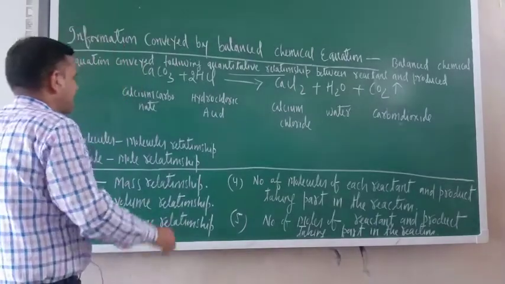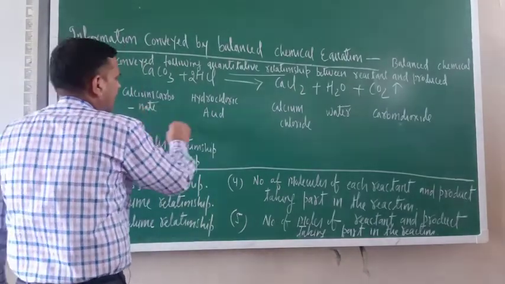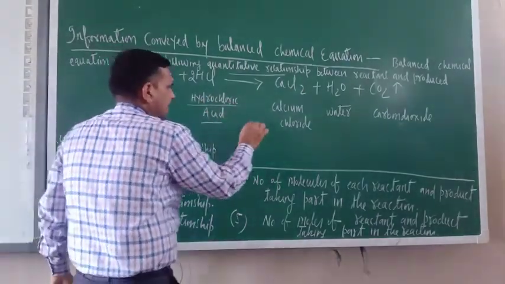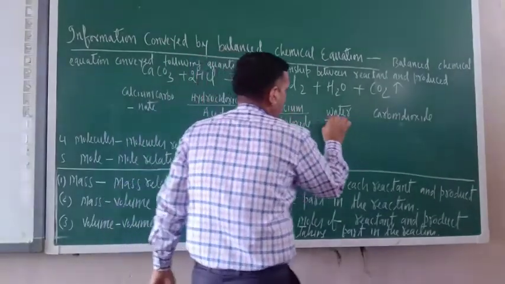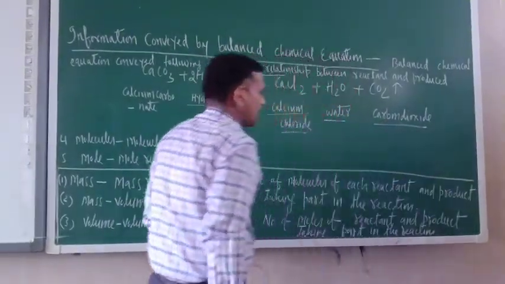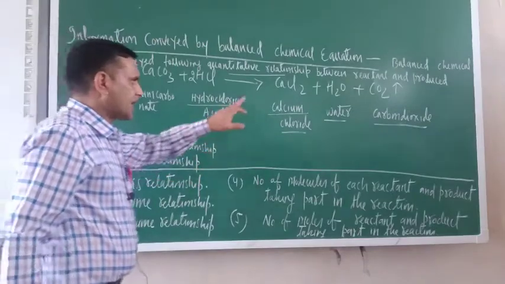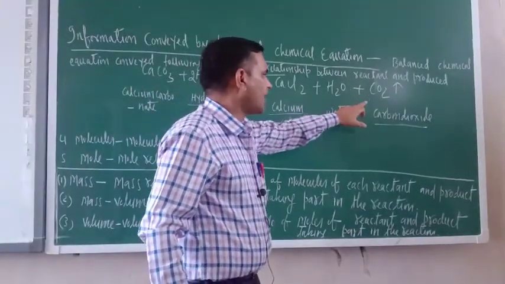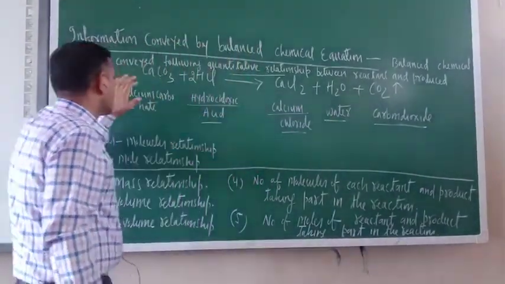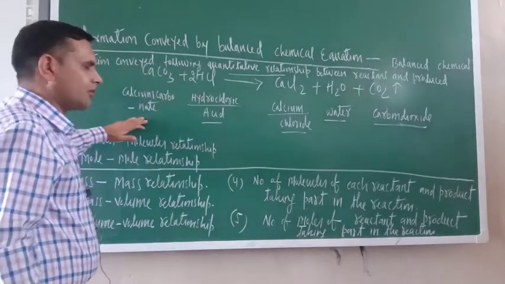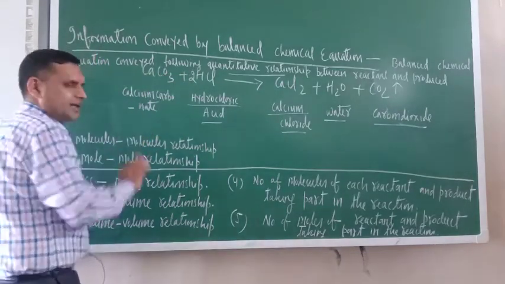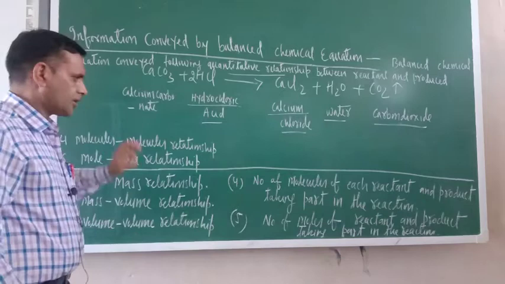All three I have written. Calcium chloride, water and carbon dioxide are the products. Calcium carbonate and hydrochloric acid are the reactants. You know this one, there is no problem.